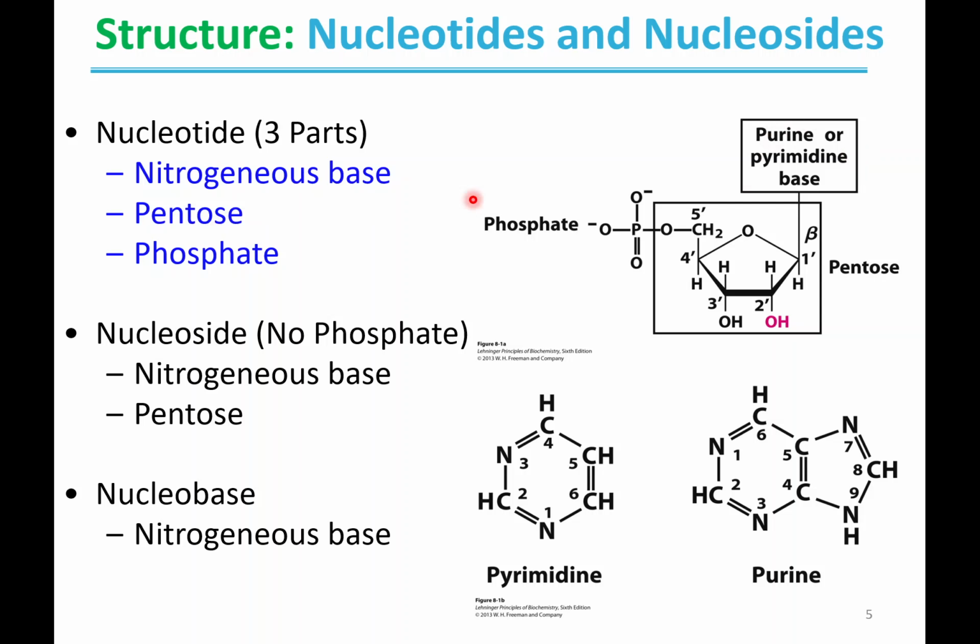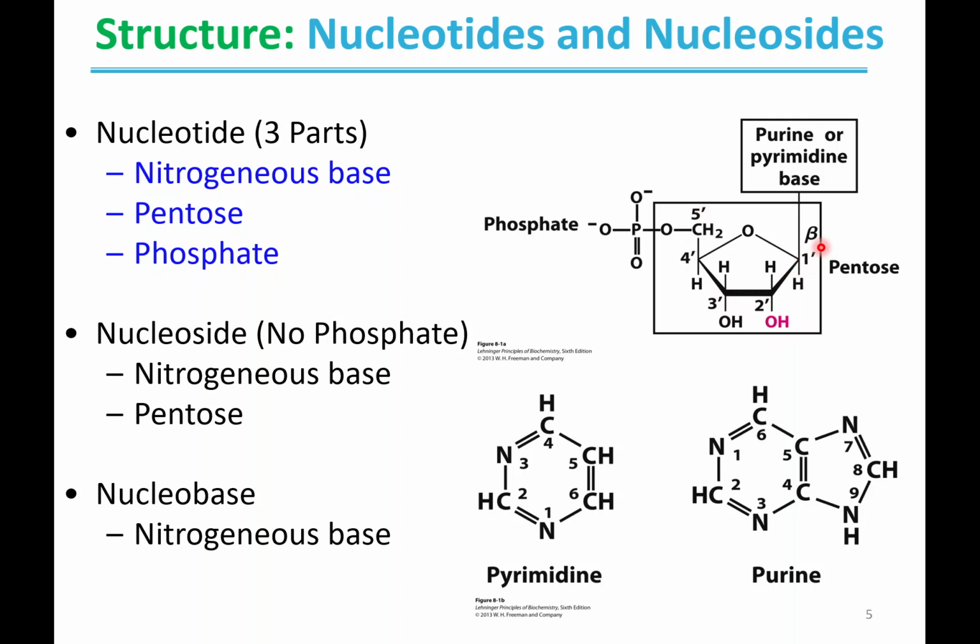Okay, the second part is a pentose, right? Pent meaning 5 and ose meaning sugar. Okay, and so the pentose is labeled here. The pentose that is used in these nucleotides is ribose. Okay. And the numbering system is labeled as 1 prime, 2 prime, 3 prime, 4 prime, 5 prime for the carbons.